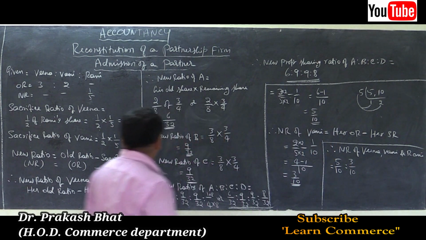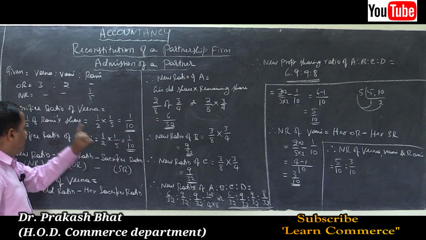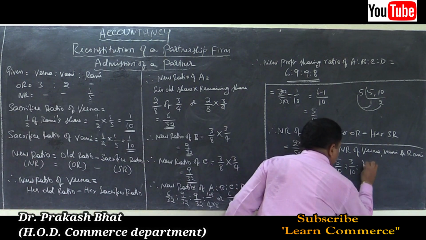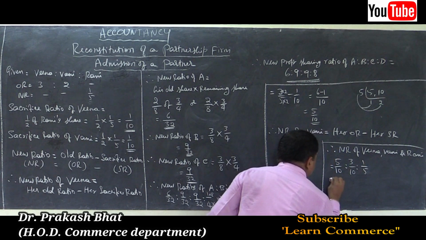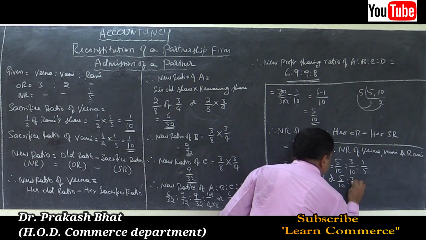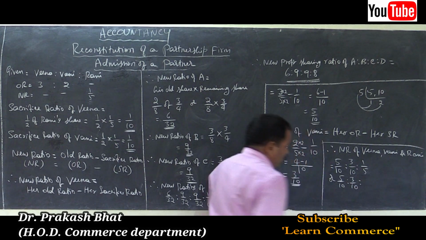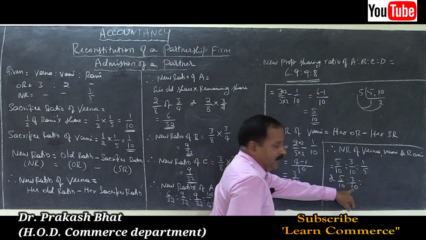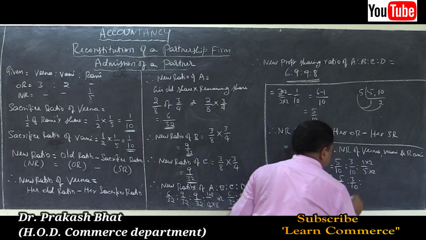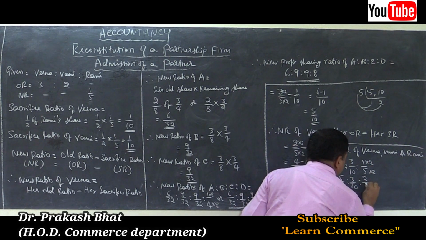New ratio of new partner Rani is already given in the problem, that is 1/5. 1/5 or to bring it to the common denominator 10, 5 twos are 10, multiply the numerator also by 2. So, it will be 2/10.